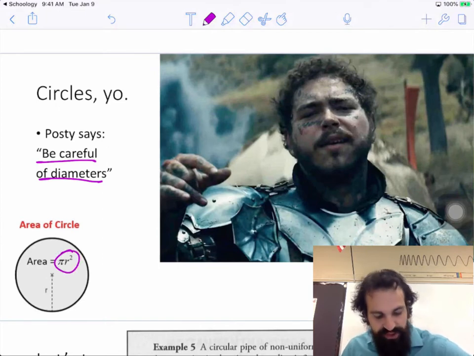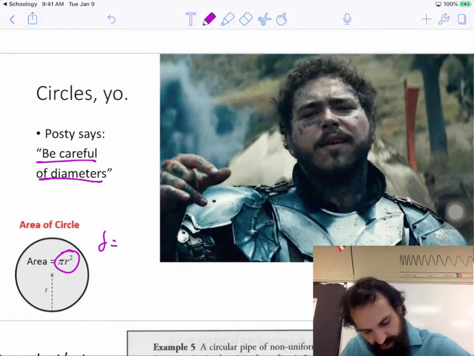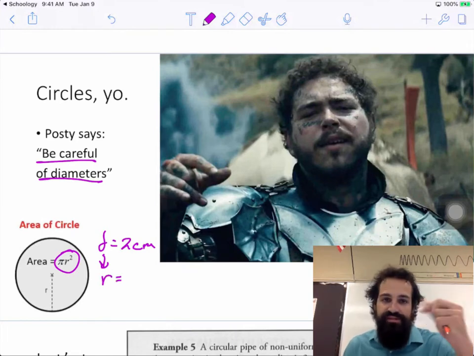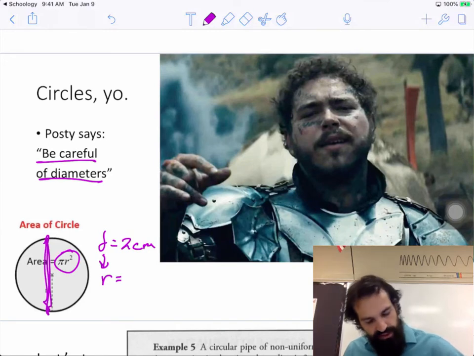So when you're working with this, a lot of times they'll tell you a pipe has a diameter equal to 2 centimeters. So if diameter equals 2 centimeters, you're going to have to first get it into a radius. Diameter is the whole height of the pipe, so the radius would be half of that, or 1 centimeter.